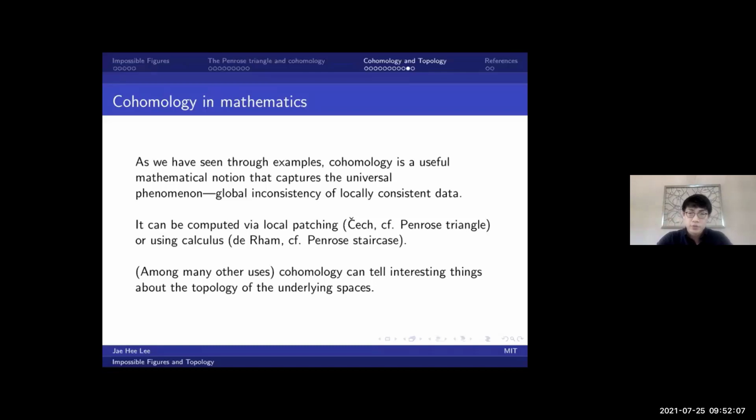And this local patching idea is also very universal in mathematics, because say you want to study some complicated object. The way people like to do this is to break it down into very small pieces, which are less complicated than your original thing and small enough that you can understand something about them. Then once you learn something about each of these small pieces, you want to assemble all of that information to get the final conclusion about the original complicated thing that you started with.